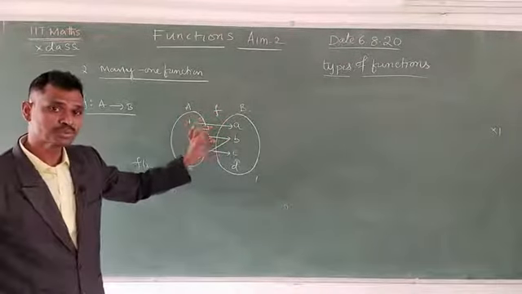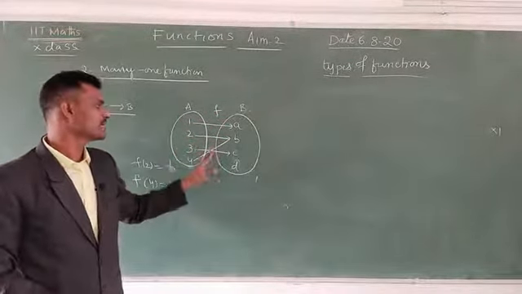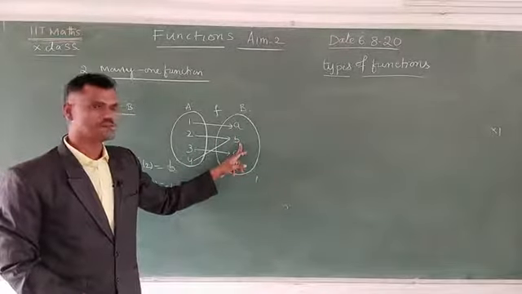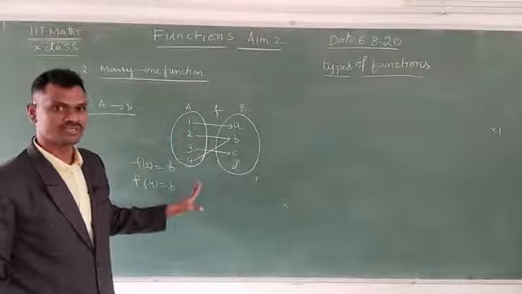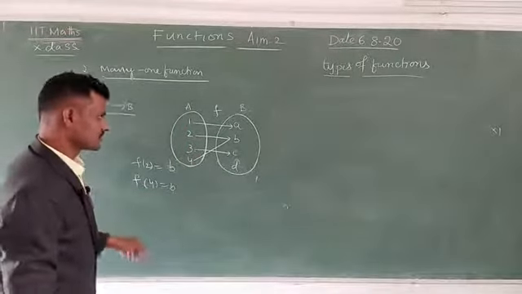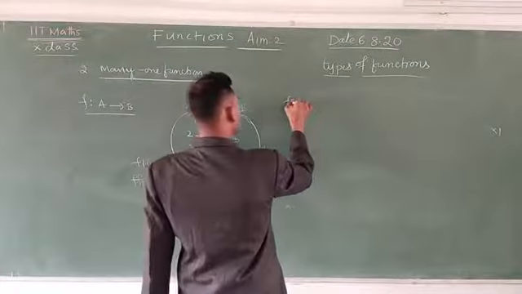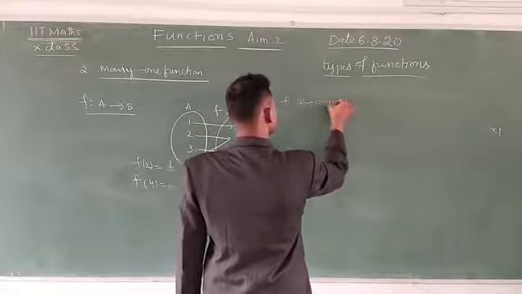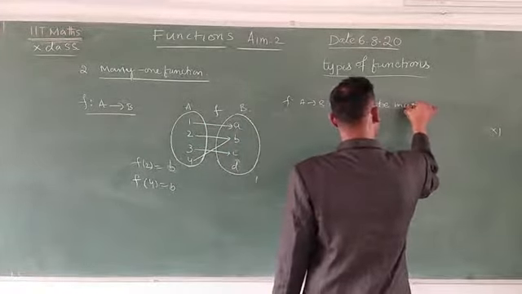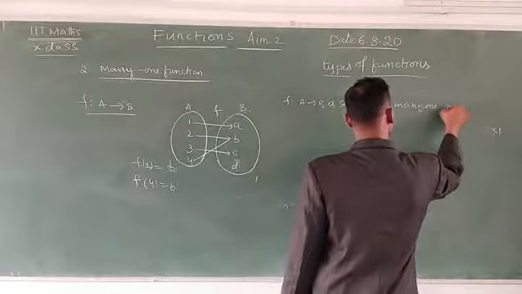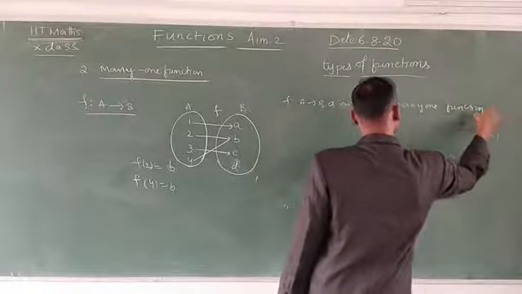In the domain, 2 or more than 2 elements having the same image in codomain, then F is a mapping from A to B said to be a many-one function. Okay, this one, see here. F is a mapping from A to B said to be a many-one function.